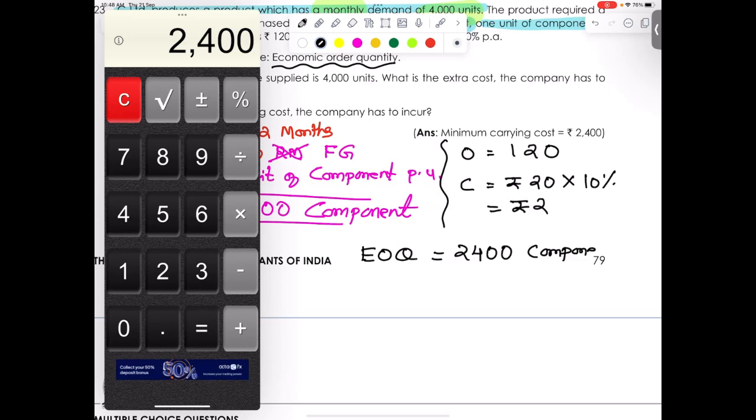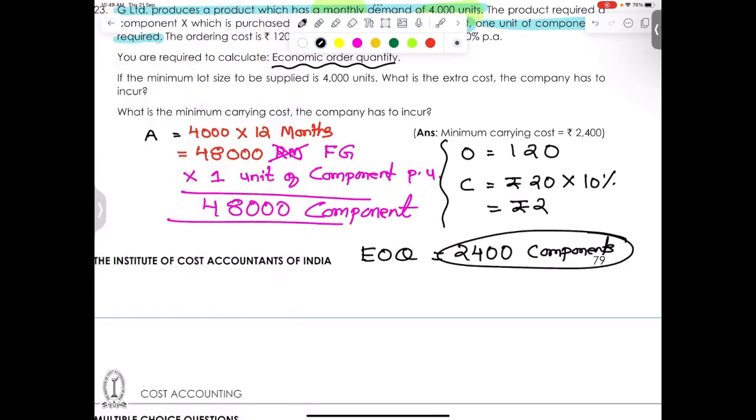So this means it is telling us how much quantity you have to purchase at one time. You have to purchase only 2400 units. Clear? Now, if the minimum lot size is 4000 units, we said we need to purchase 2400 units at a time, while the supplier is saying that the minimum quantity they will supply is 4000 units.